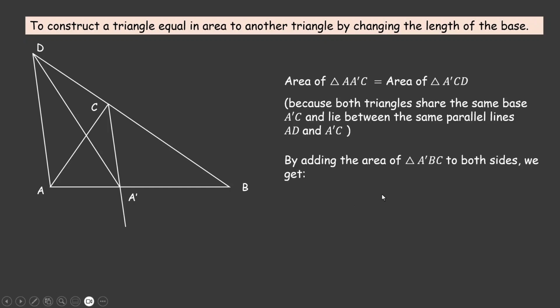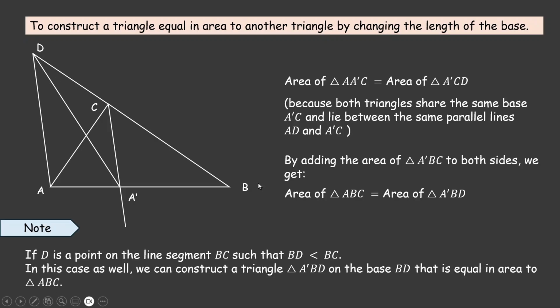Now, if we add the area of triangle A dash BC to both sides, on the left hand side we add it to get triangle ABC. And on the right hand side, we have area of A dash CD, to which we add the area of A dash BC, so we get the triangle A dash BD.